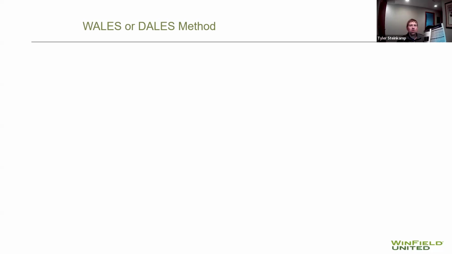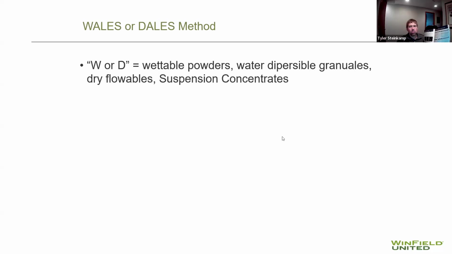In general, with WALES and DALES, we're always going to put our wettable powders, our water dispersible granules, and our suspension concentrates in first. I put mild agitation in there because a lot of people over-agitate some of these chemistries, and you can actually cause compatibility issues just by over-agitating.